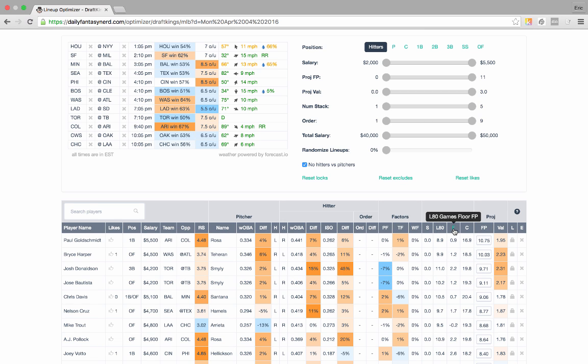So this is usually a season fantasy point average minus 1 standard deviation, but currently we're using last 80 because of the start of the season. And ceiling is plus 1 standard deviation.